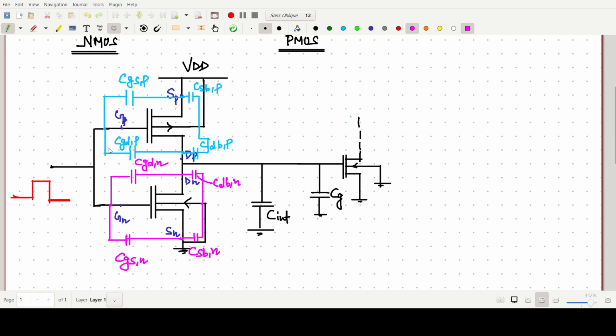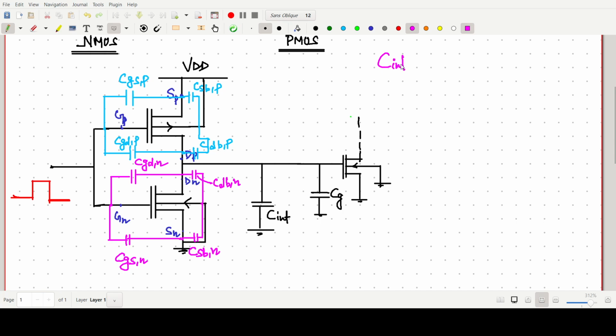So there are four capacitors here, four capacitors here, and one C internal capacitor, which is the lumped interconnect capacitance. I'm just saying the different capacitances we are using.